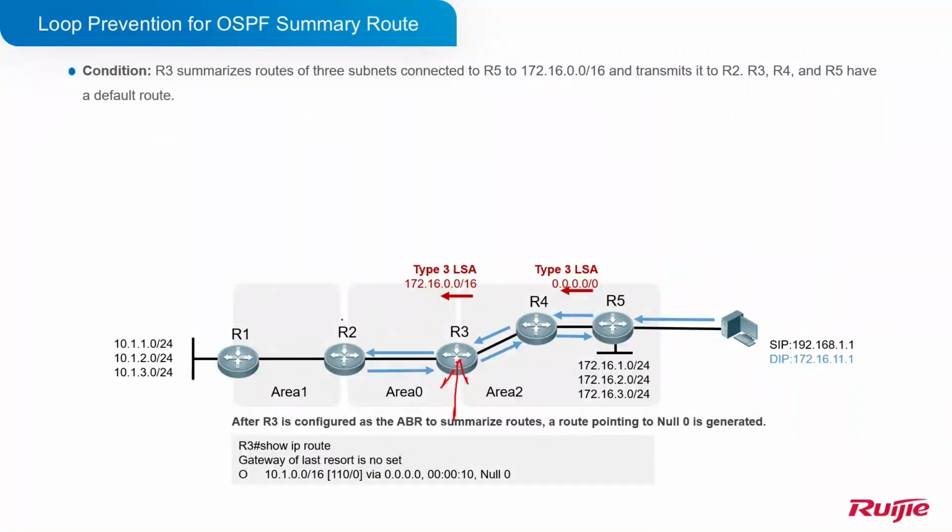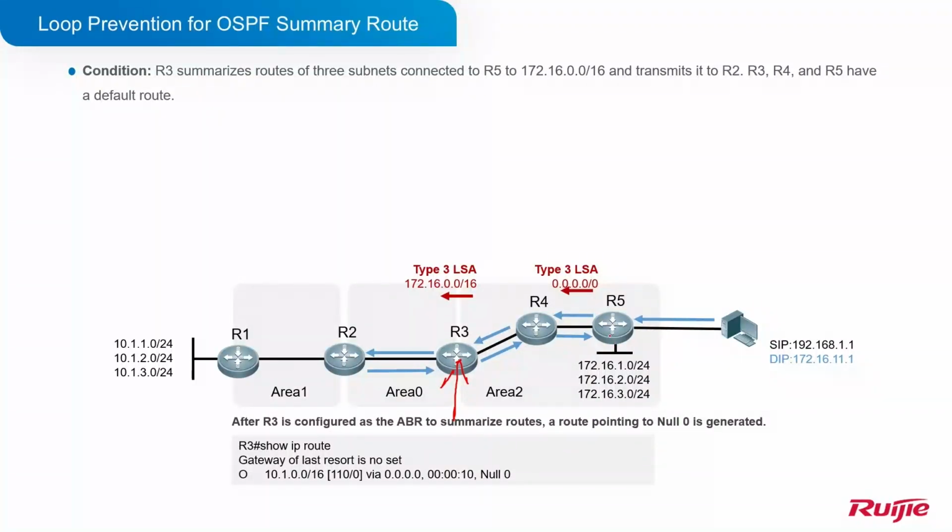And then after the R2 device receives the summarization routing information and adds it into the routing table, right? And then what happens? So now we can see in the network we have just one PC that wants to communicate with the destination 172.16.11.1. And R3, R4, R5 also have a default route.